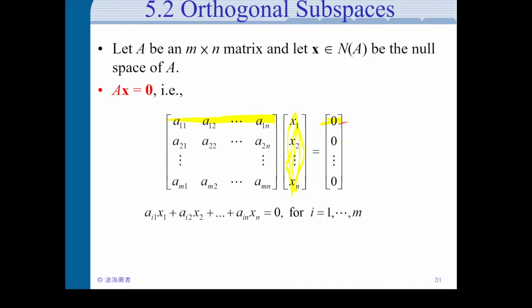The second 0 is the second row times the x vector, all the way to the last 0, which is the last row times the x vector. The fact that the end result is all 0 means that every row vector's inner product with your x vector equals 0.